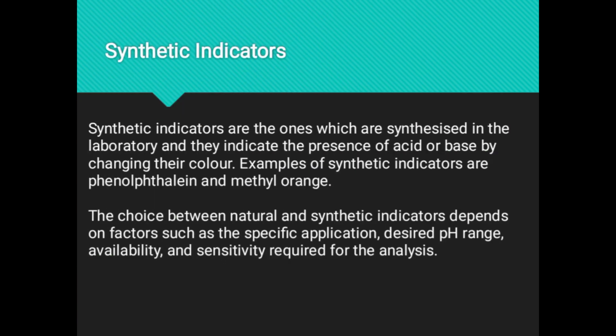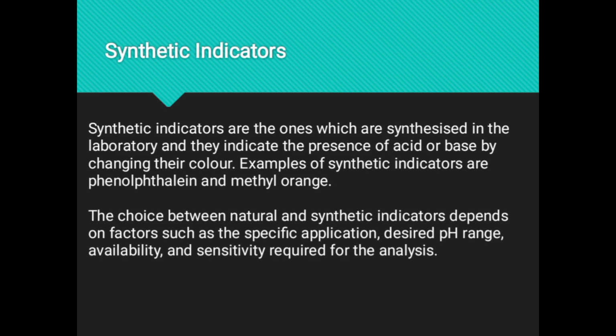Synthetic indicators. These are indicators that are synthesized in the laboratory through the combination of various chemical substances at certain experimental or reaction conditions. Examples of such indicators are phenolphthalein and methyl orange.